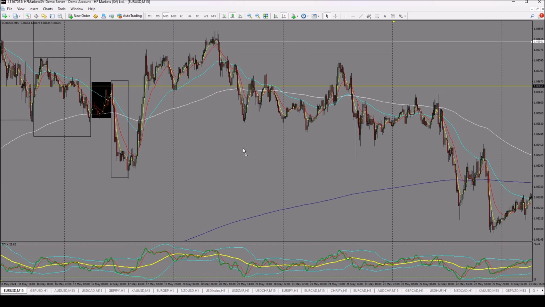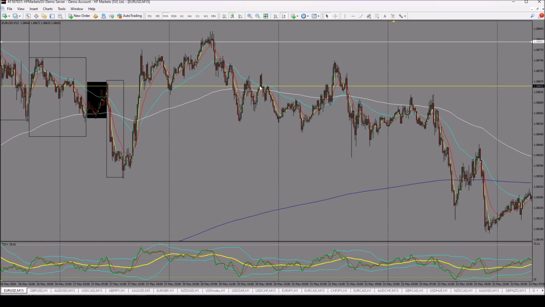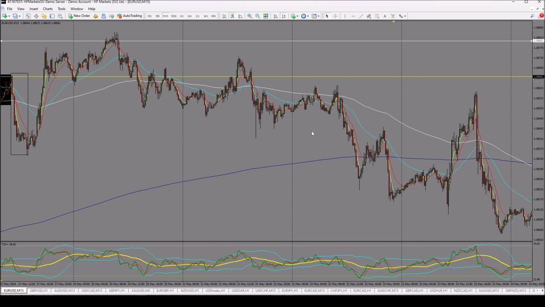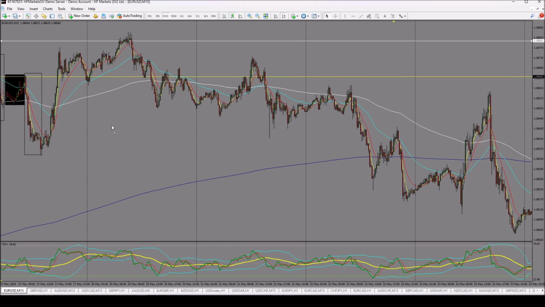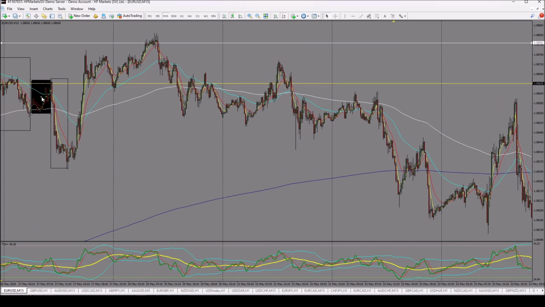Right? Let's start again. Drop, interaction with the 50, drop. This becomes our Asian session. From that Asian session, what do we see? We look for 3 swipes, right? Asian session, 3 swipes.